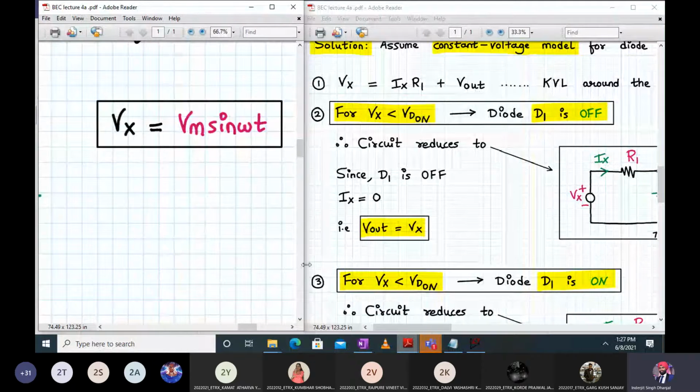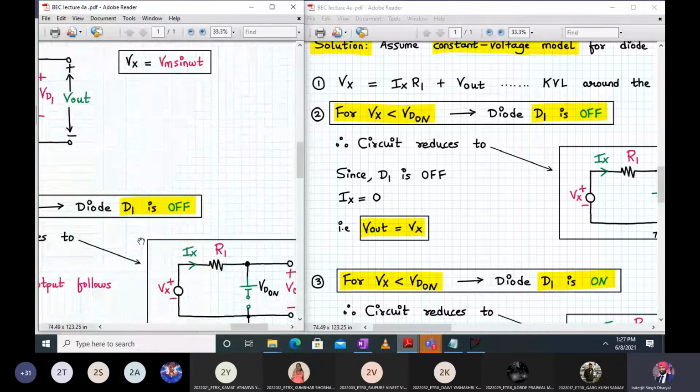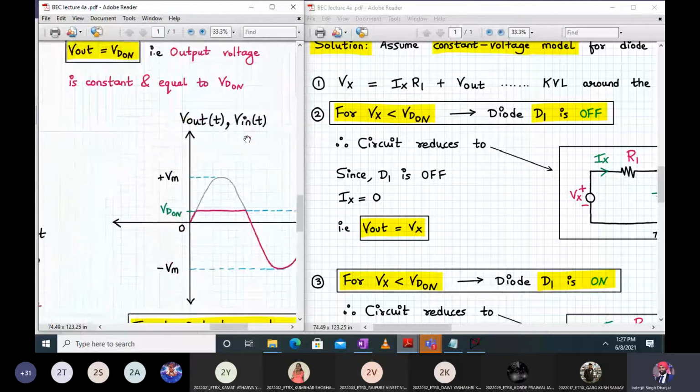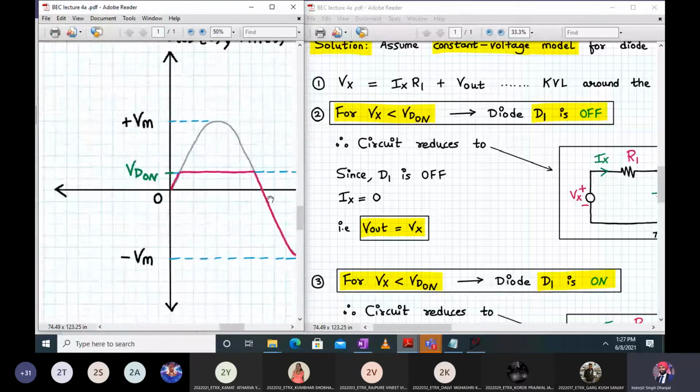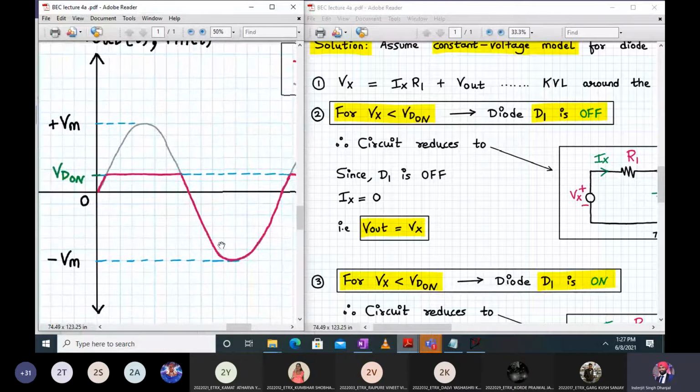So we have a sinusoidal waveform with a peak amplitude of Vm and an angular frequency of omega. Now let me show you the waveform over here. This gray color is my input, and the other one is the output. We are concentrating on the input first.